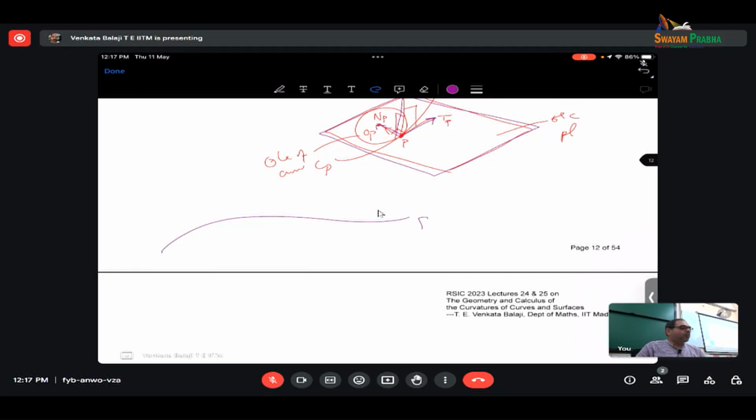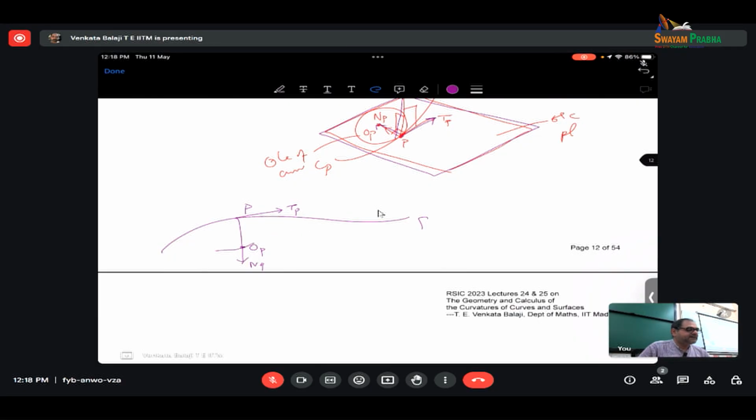So, what's happening? Give me a curve gamma. At every point P, I have the tangent at P. Then there is a normal direction at P, and there is a center of curvature. Now comes a very interesting thing.